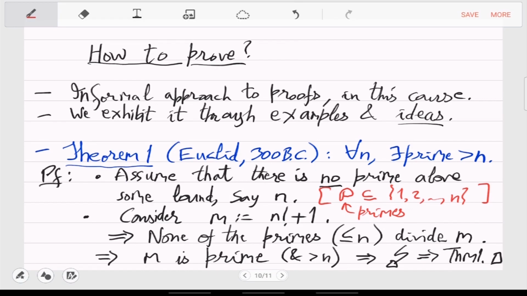You get the contradiction that it has to divide m, but it also divides n factorial. But how can a number divide both n factorial and n factorial plus 1? So that's a different contradiction. Whichever path you take, there is a contradiction, and that's the proof. So it's a tricky proof. And since it ends in a contradiction, we call this technique proof by contradiction. This is the first example in all of math for this technique.